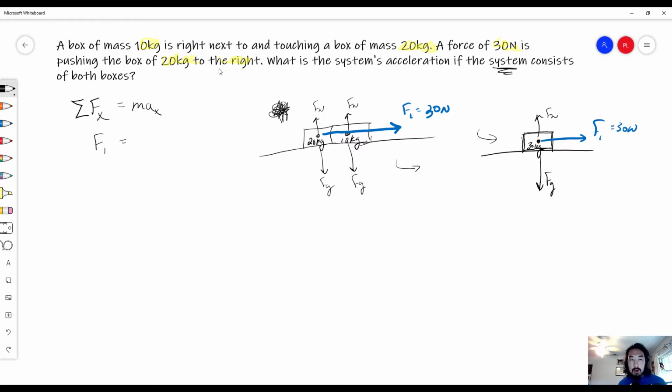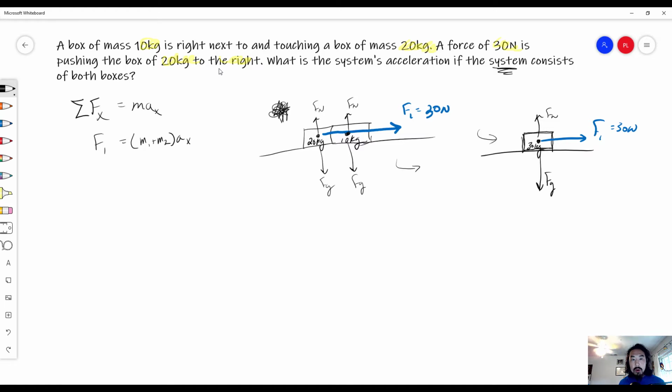Now, because we're looking at the system as a whole, which is both of the objects, just like how I combined both of these objects into one, I'm going to combine both of the masses into one, and I'll represent that with parentheses. Technically it's two objects, but we made those two objects into one. So this will be mass 1 plus mass 2. We don't want to fill in the numbers until the end.